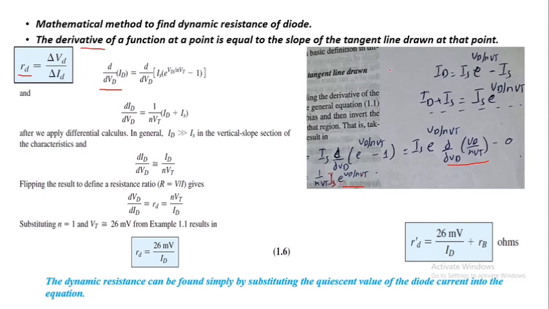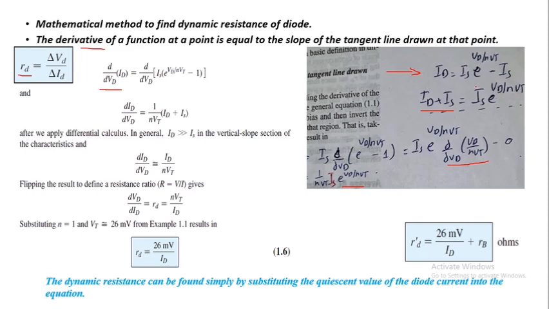Now if you see Shockley's equation and rewrite it like this, ID is equal to Is e power VD over nVT minus Is, bringing Is to this side will give us ID plus Is is equal to Is e power VD over nVT.